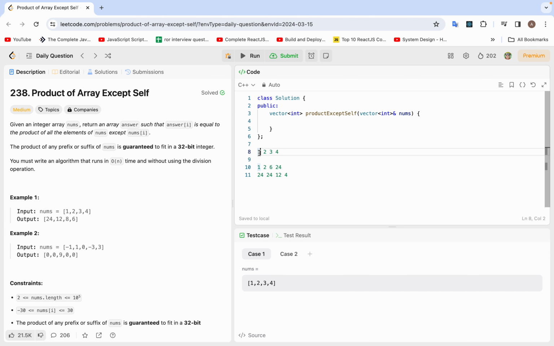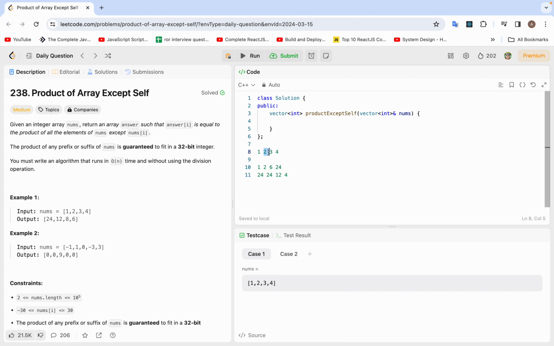If we find the answer for the first index, we need to see its previous prefix and its next suffix value. Its previous prefix will be 1, let's suppose, and its next suffix is 24, so the answer will be 24.